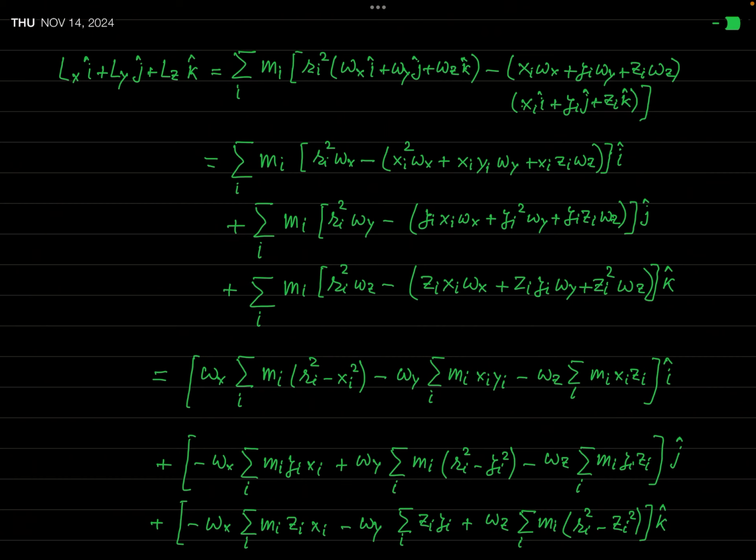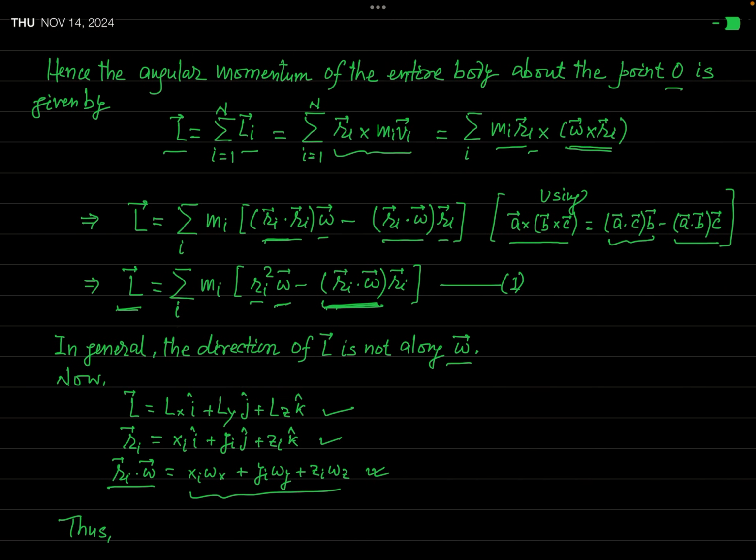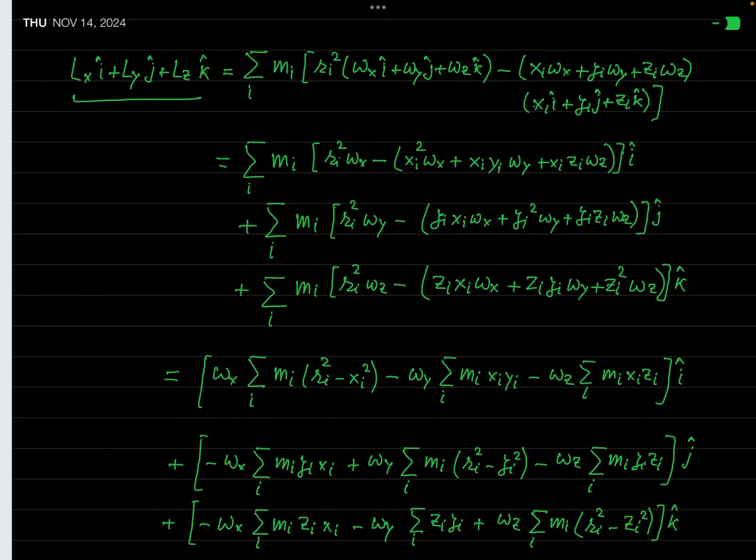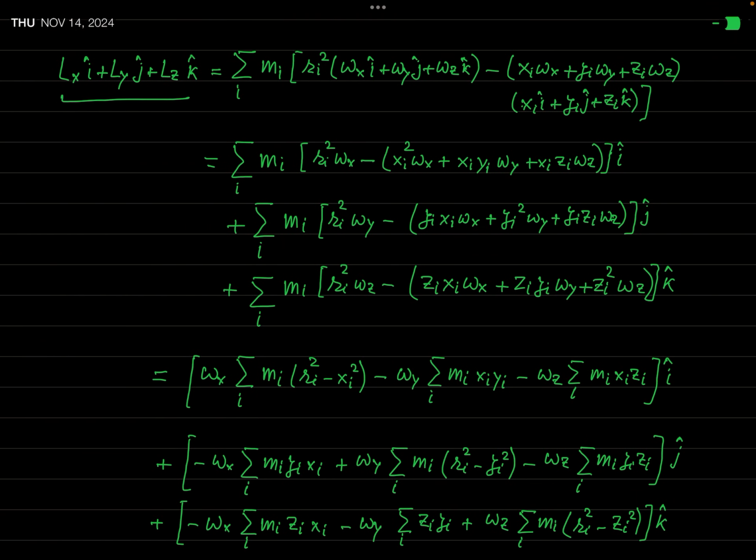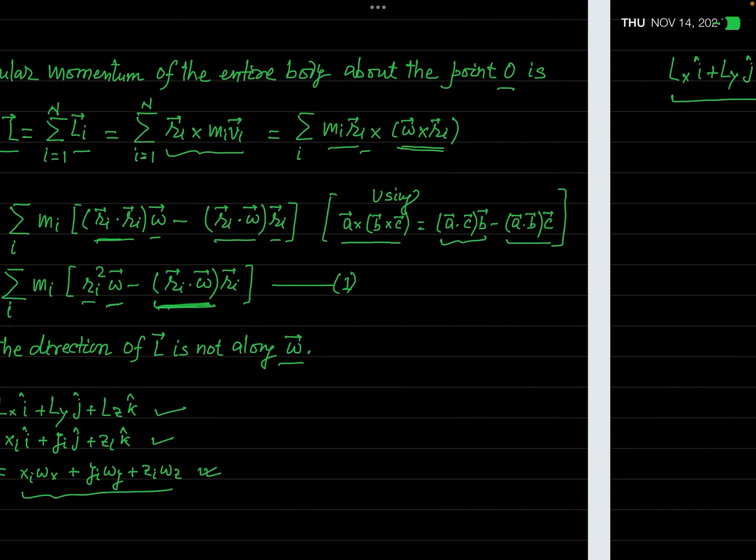So in place of L, now you can write Lx i plus Ly j plus Lz k, and that is equal to summation over i of mi Ri square times omega, but in place of omega, now you can write omega x i plus omega y j plus omega z k.